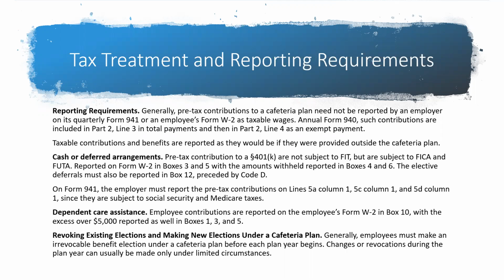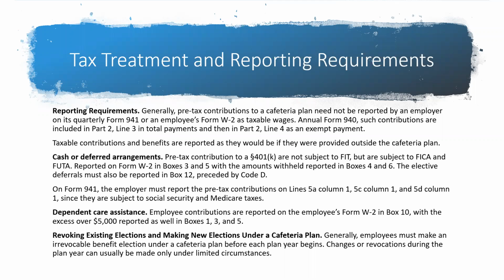When such pre-tax contributions are part of a cafeteria plan, the employee elective deferrals are not subject to federal income tax withholding, but they are subject to Social Security, Medicare, and FUTA. Therefore, they must be reported on W-2, boxes 3 and 5, with, of course, the amounts withheld in 4 and 6. The elective deferral would also be reported in box 12 with the code D.